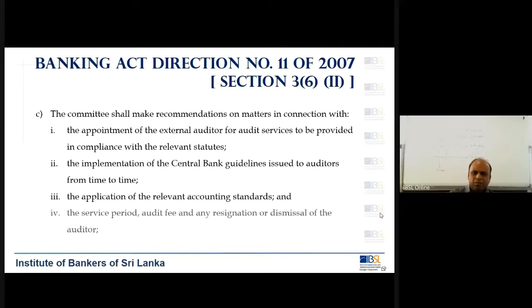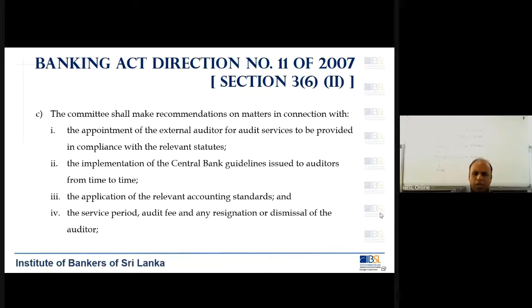And there are a few things, all these are reading material. I'm not going to go into detail, but whatever is mentioned here is all relevant with regard to the audit of a company. So they talk about the appointment of an external auditor for audit services, the implementation of the central bank guidelines, the application of the relevant accounting standards, right?